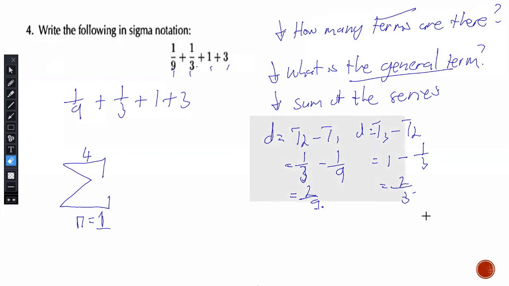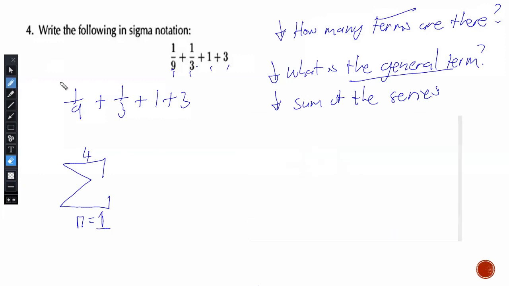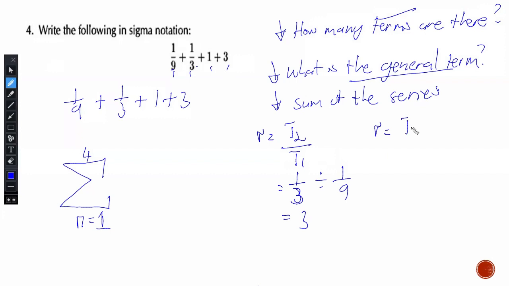Now, let's prove if it is a geometric sequence. With a geometric sequence, we'd have to say T2 divided by T1. Our T2 is 1 over 3. If you divide that by 1 over 9, you simply grab your calculator and punch that: 1 over 3 divided by 1 over 9. We get 3. Now, let's see if it's consistent.